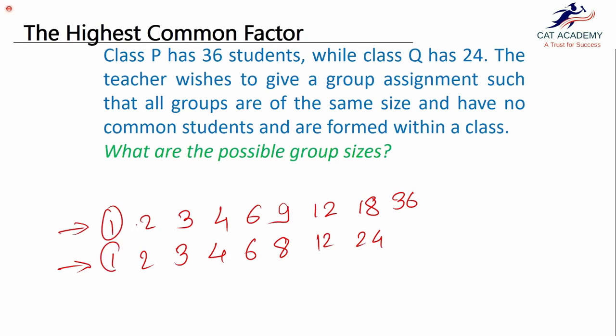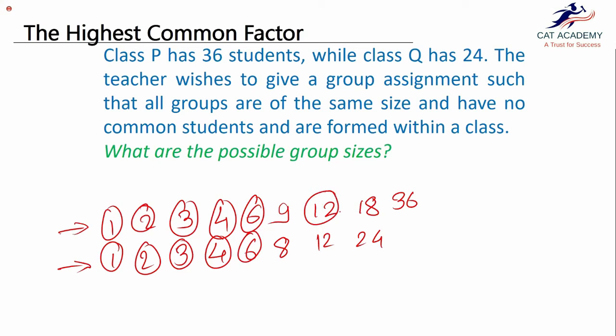So group size could be 1 or 2 or 3 or 4 or 6 or 12. These are my possible group sizes as they are common in both. So these are my common factors, and highest common factor is 12.